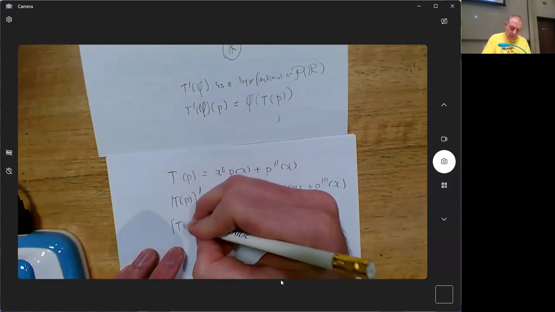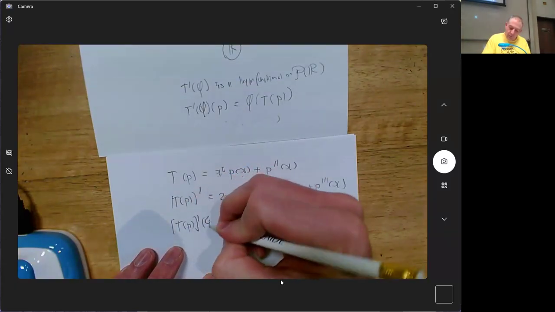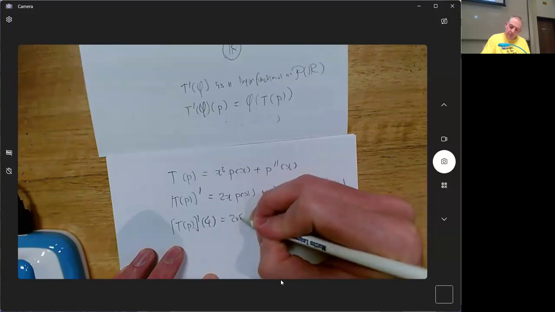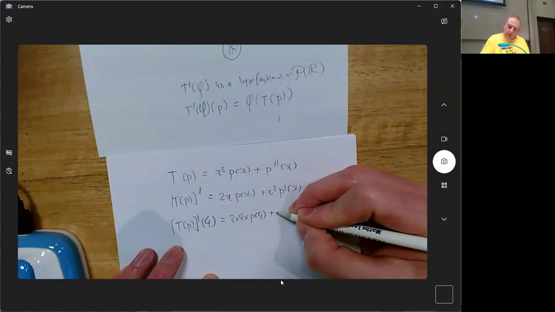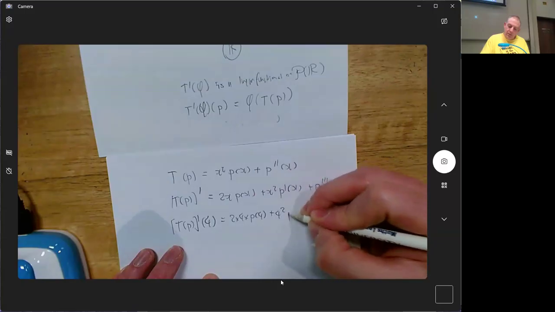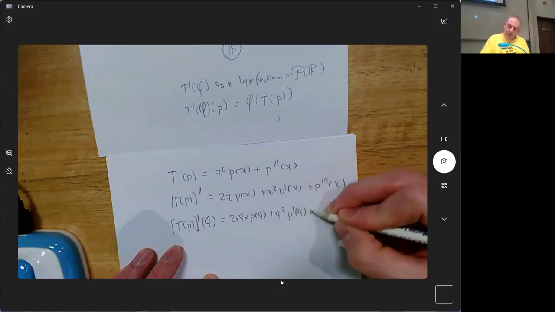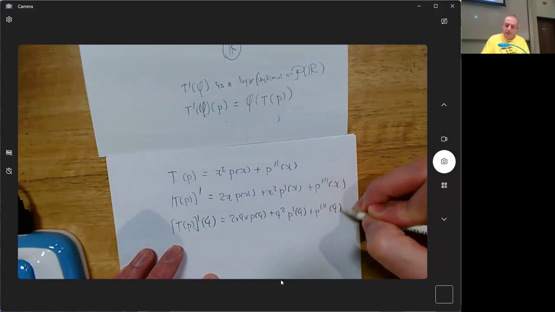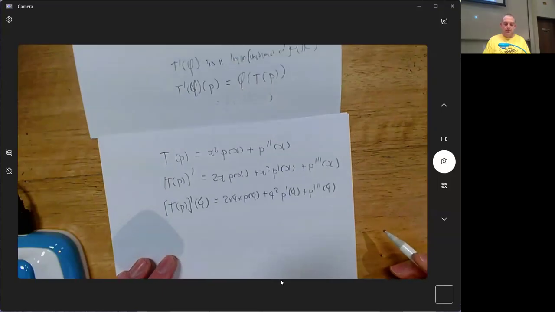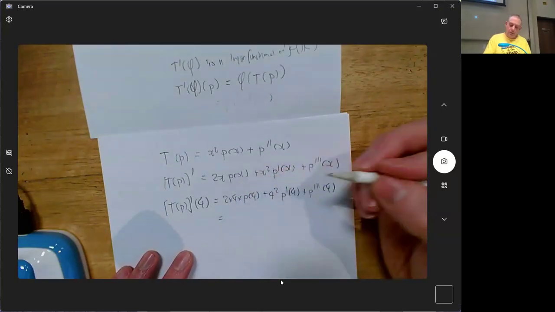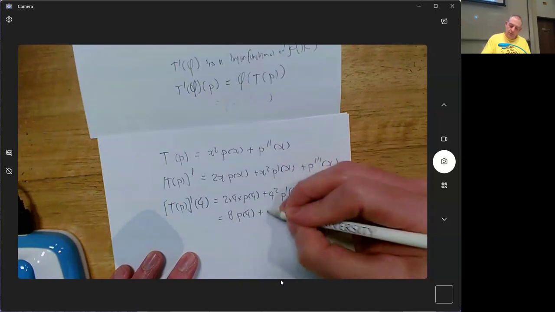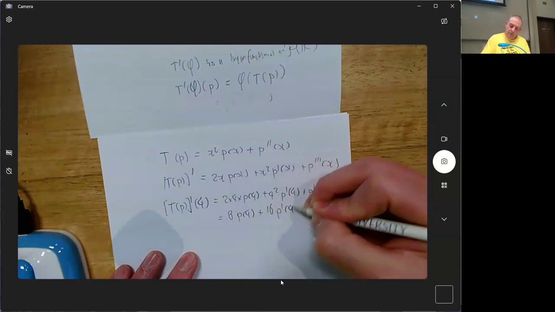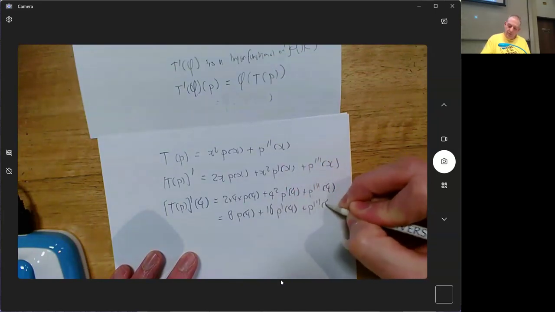And the derivative of T P at 4 will be 2 times 4 times P of 4 plus 4 squared times P dashed of 4 plus P triple dashed of 4. Which is 8 times P of 4 plus 16 P dashed of 4 plus P triple dashed of 4.